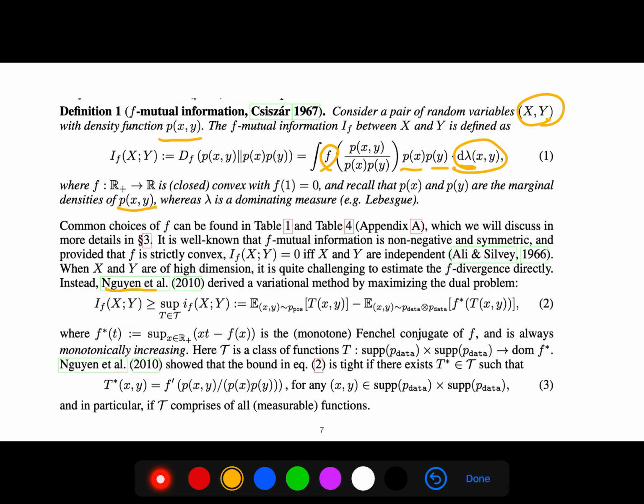There are common choices of f that can be found, and in this interesting paper, they derived a variational method by maximizing the dual problem, because in the dual problem we can have a lower bound, and then why not maximize this one?